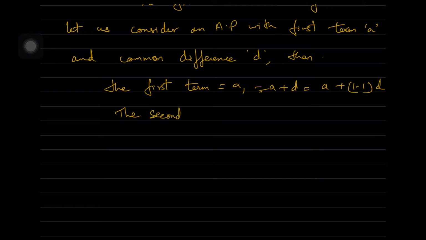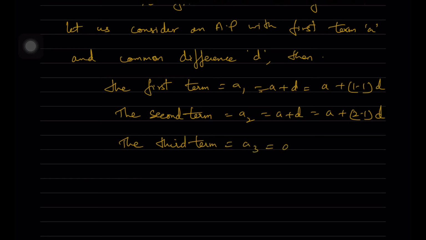The second term a2 is equal to a plus d, which is a plus 2 minus 1 into d. The third term a3 is equal to a plus 2d.